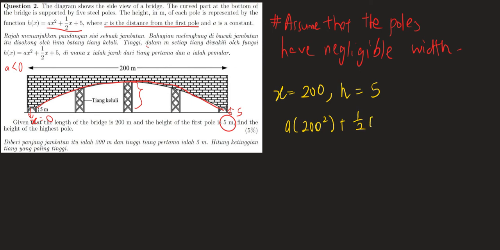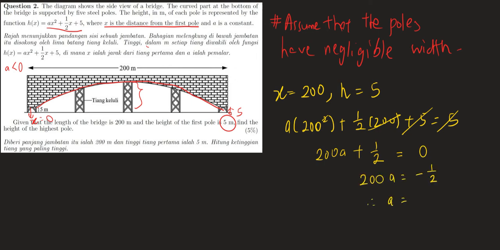So we have a times 200 squared plus half of 200 plus 5, and this is equal to 5. From here, we can find a. These two cancel, and then we can divide by 200, so we have 200a plus half is equal to 0. 200a is negative 1 over 2, and therefore a is negative 1 over 400.